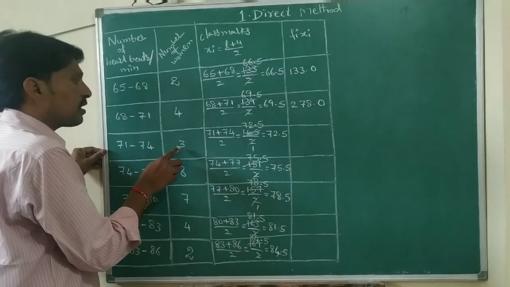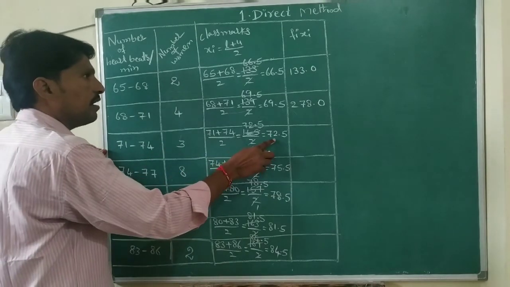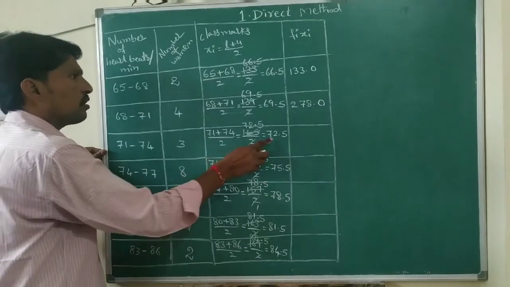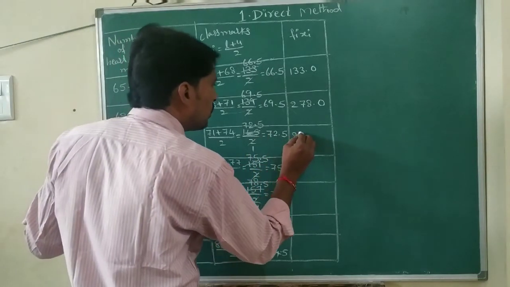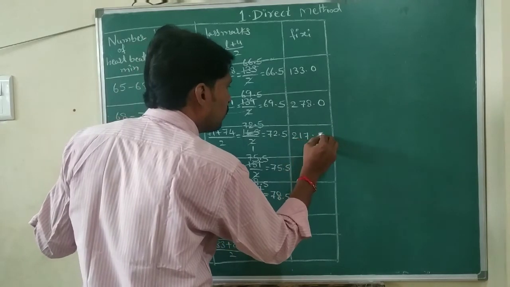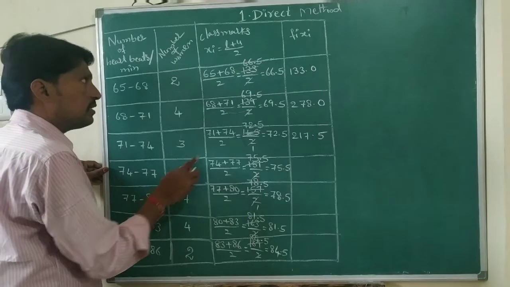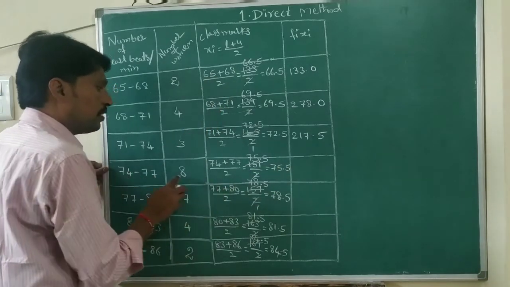Next, fi is 3 and xi is 72.5. 3 into 72.5 is 217.5. Next, fi is 8, xi is 75.5.